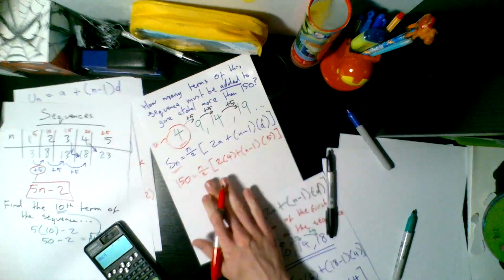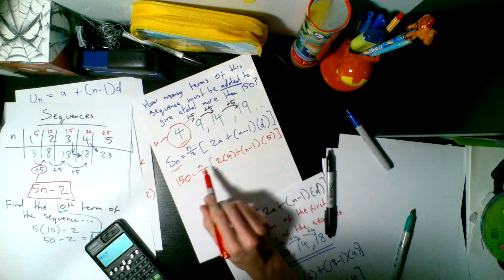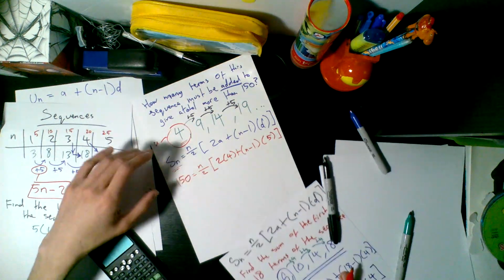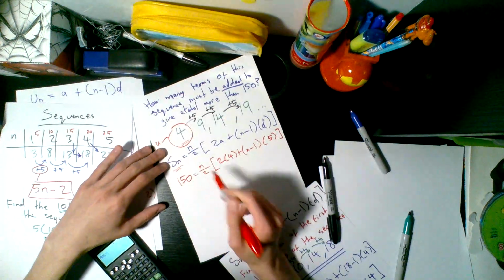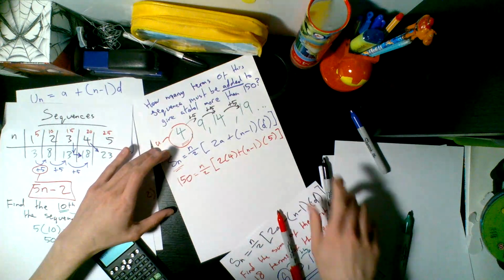Okay, so we do have most of the values. We only have one unknown value, which is n. If we have one unknown value, it's really easy to solve. You just have to rearrange it. So let's times both sides by 2.